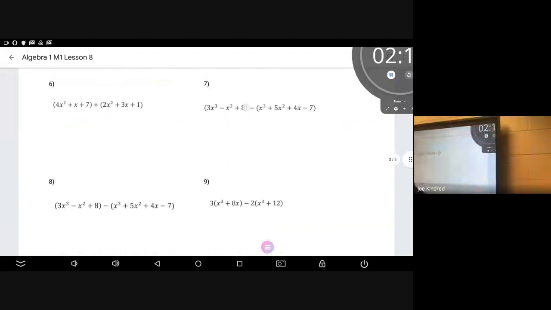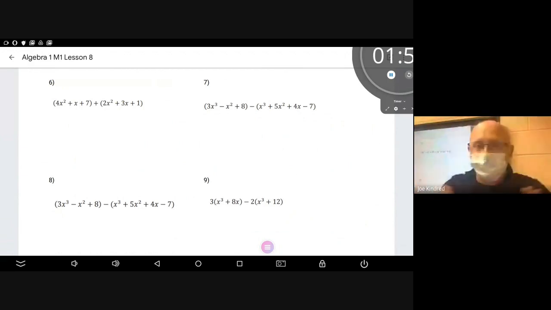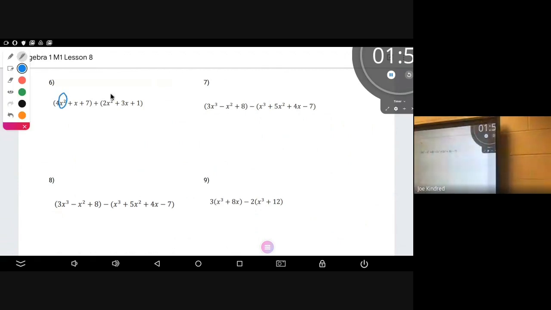So let's get to the meat and potatoes. The meat and potatoes comes with these two problems, and then we'll be done. In the second part, how do we add and subtract polynomials? This is the easy part. There's no magical solution to this. It's just a matter of recognizing that here's an x squared and here's an x squared.